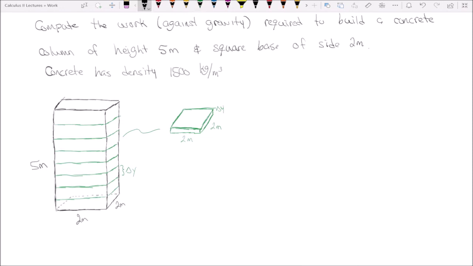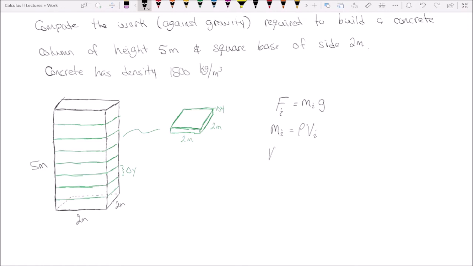The force to move the ith slab is mass of the ith slab times g. Well, the mass of the ith slab would just be the density times its volume.